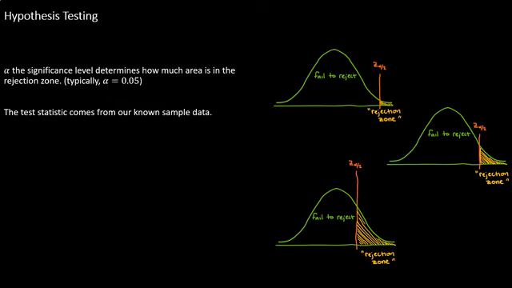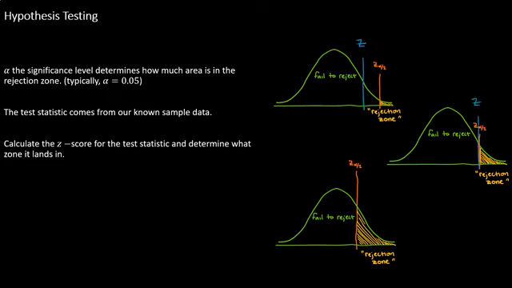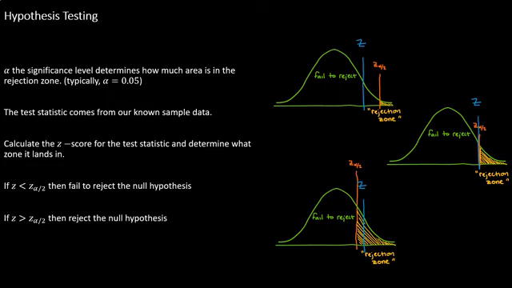So we gather a sample, collect the data from the sample, calculate a test statistic like a proportion, and then we find the z-score for that test statistic. We place that z-score on our map of the rejection zone and fail to reject region, and we determine what to do with the null hypothesis from there. If the z-score falls in the fail to reject region, then we fail to reject the null hypothesis. If the z-score falls into the rejection zone, then we reject the null hypothesis.